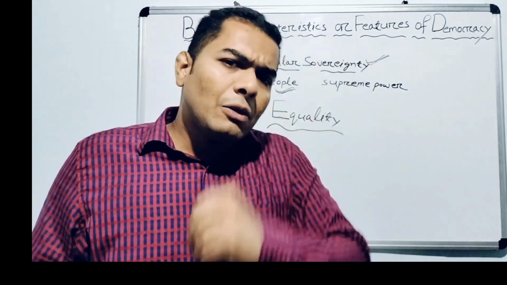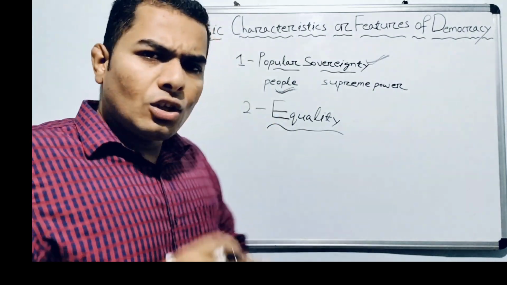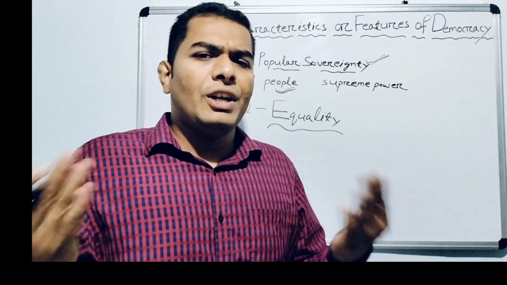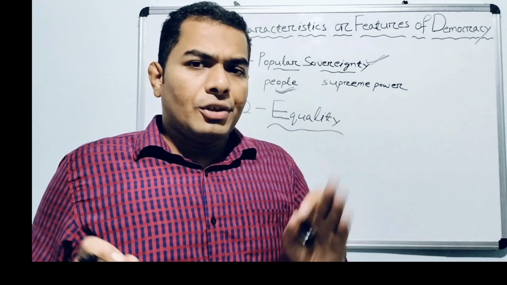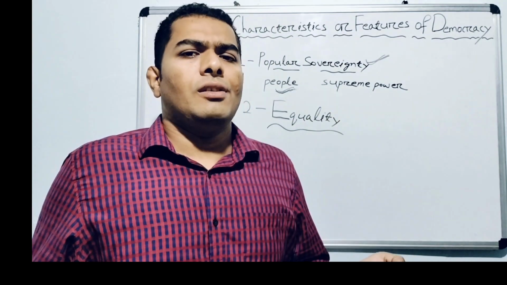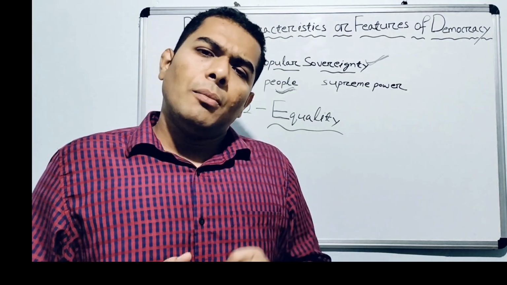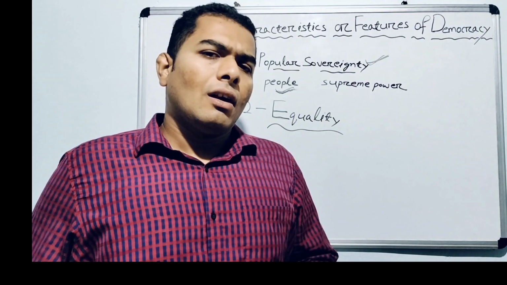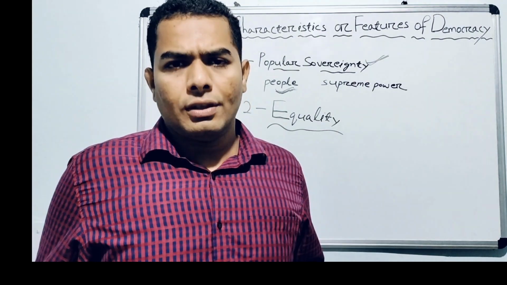Then social equality is also there. What is social equality? Social equality means that in society, all the people are equal. We know very clearly that in our country India, there is unity in diversity. It means we will find diversity in our society. There are a number of religions, and people of many castes, sexes, places of birth, cultures, languages, traditions, and customs.